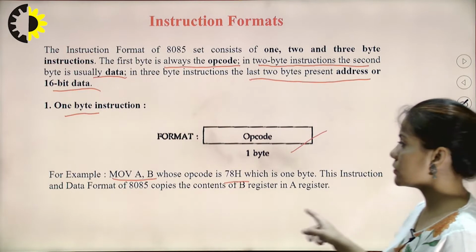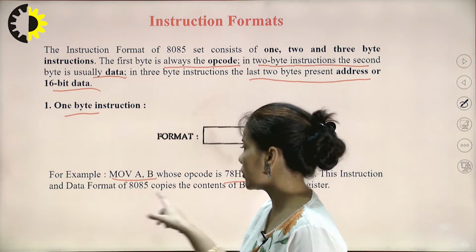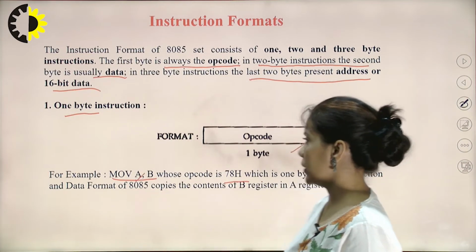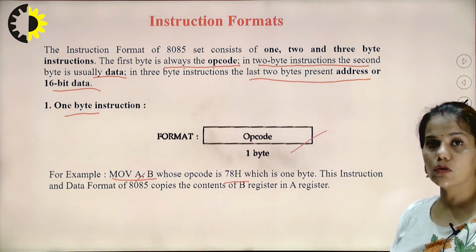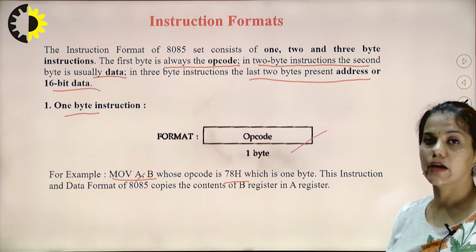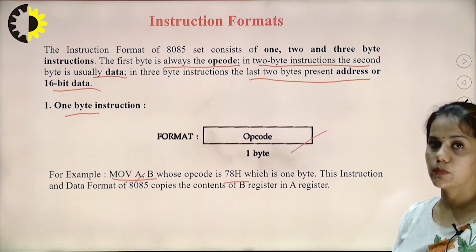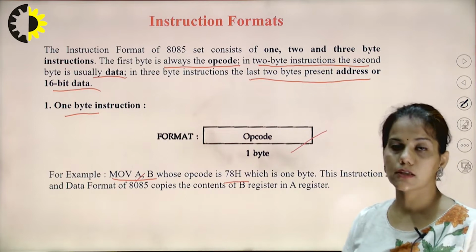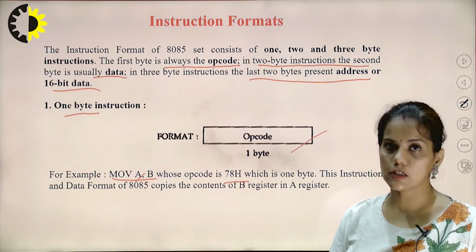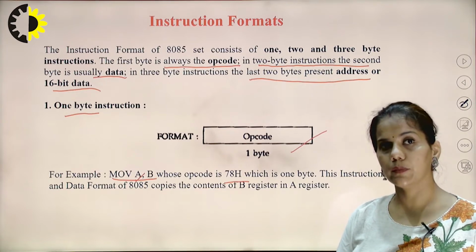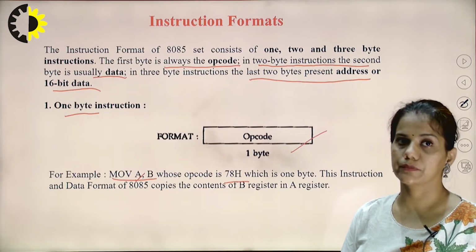This instruction will copy the contents of B into the accumulator. When there is no immediate data or address present, then it will be of 1 byte only. And if 8-bit data, 16-bit data or a 16-bit address is present, then the format will be 2 bytes or 3 bytes.